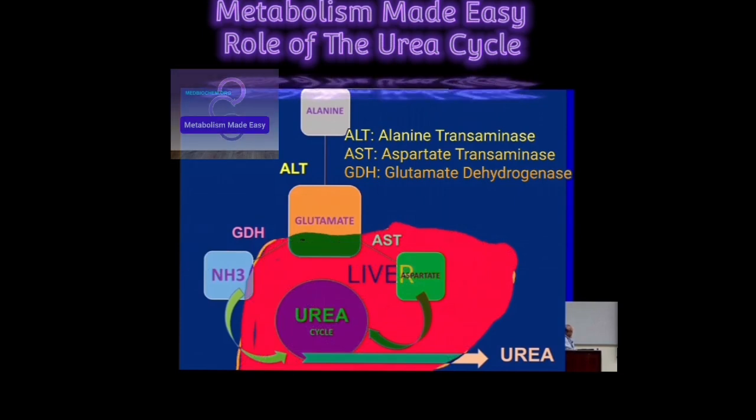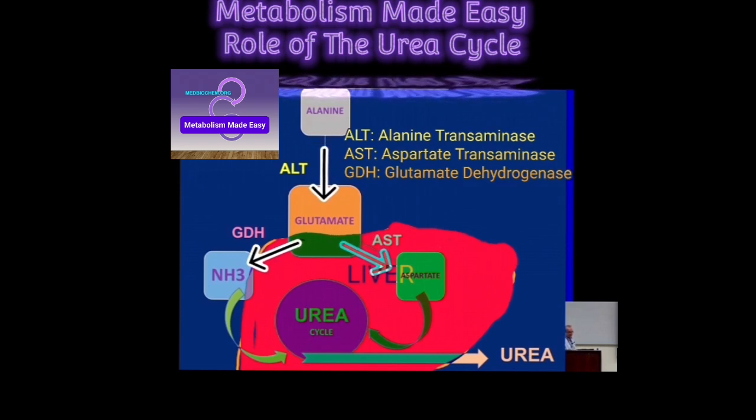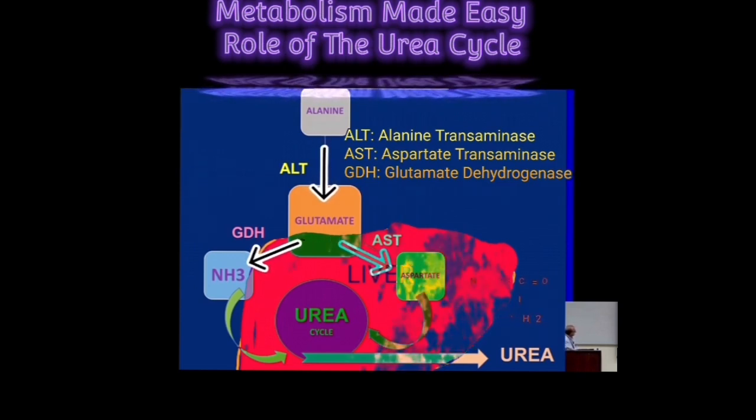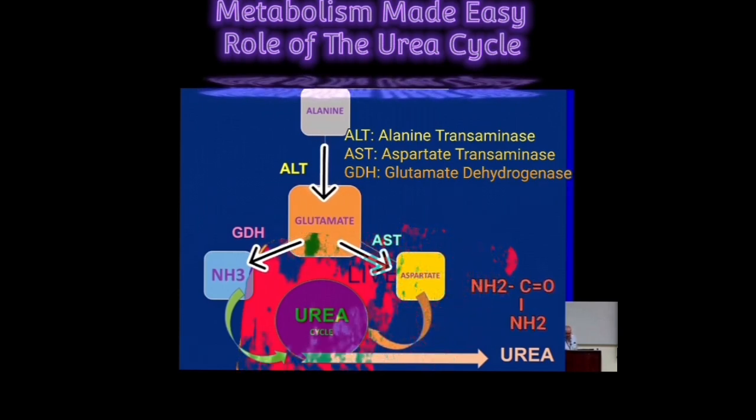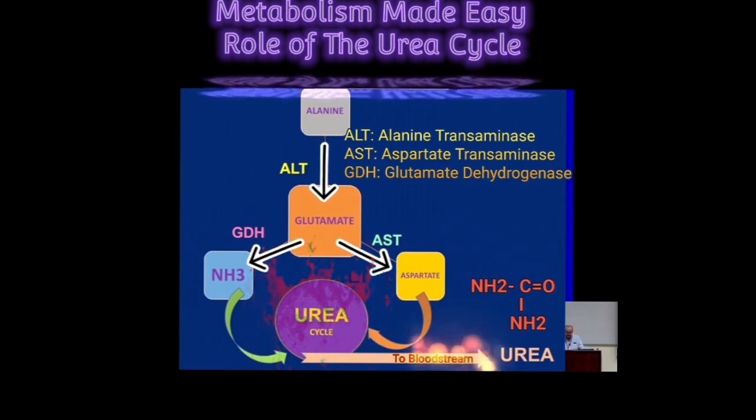You end up producing really a molecule that has a carbon, an oxygen, and two nitrogens. And that molecule that's produced in the liver is non-toxic, can be released in the bloodstream, sent to the kidneys, and can be excreted by the kidneys.